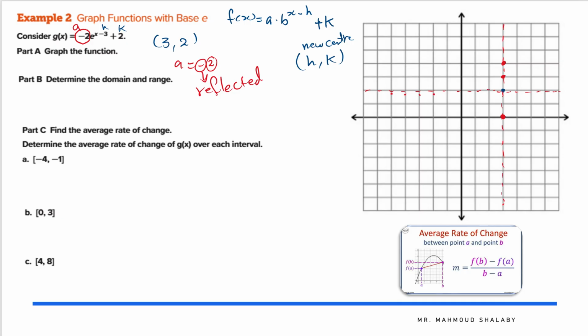Then 1 starts to drop a bit, 1.7 or something. Then 2 is 1.2, so it looks like this.